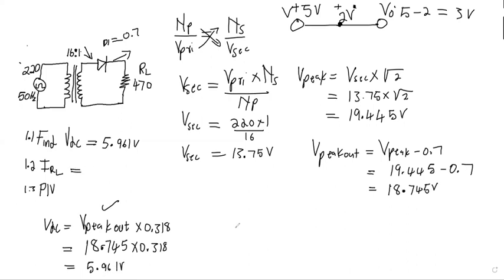So IRL is equal to VDC divided by RL. So what is IRL?